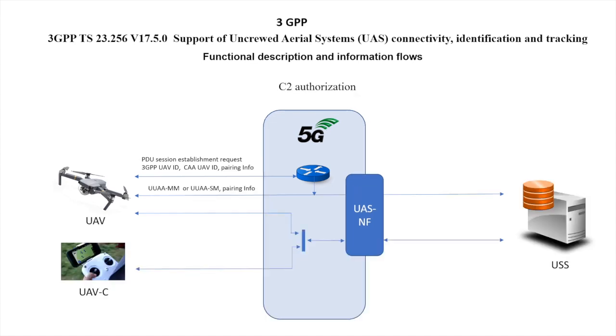When the UAV sends a session establishment request with C2, it provides the 3GPP UAV ID, CAA UAV ID, and pairing info to 5G. 5G will communicate with USS, and USS will authorize 5G to establish the session between UAV and C2.